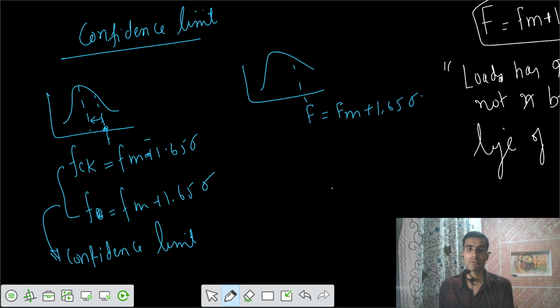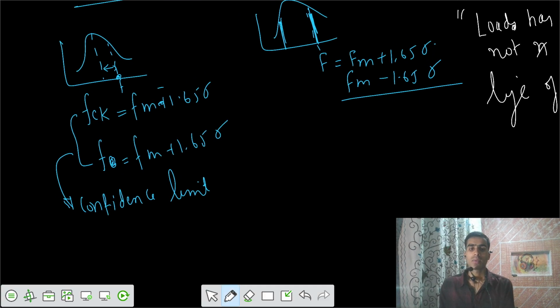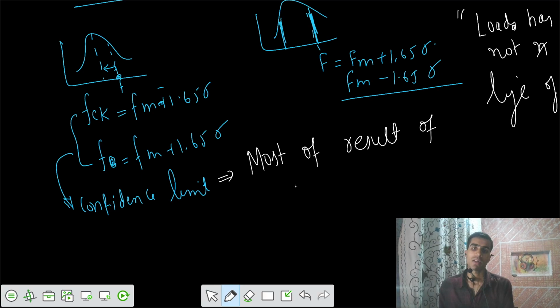Similarly, if you go to minus 1.65 sigma from the mean on the other side, you have these two different limits. This limit is saying that most of the results are in this range.